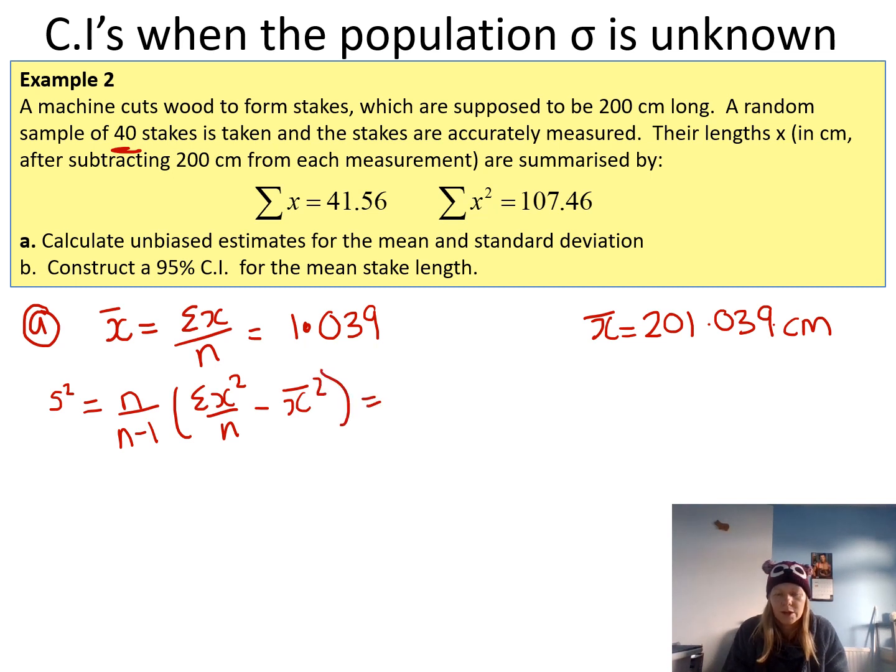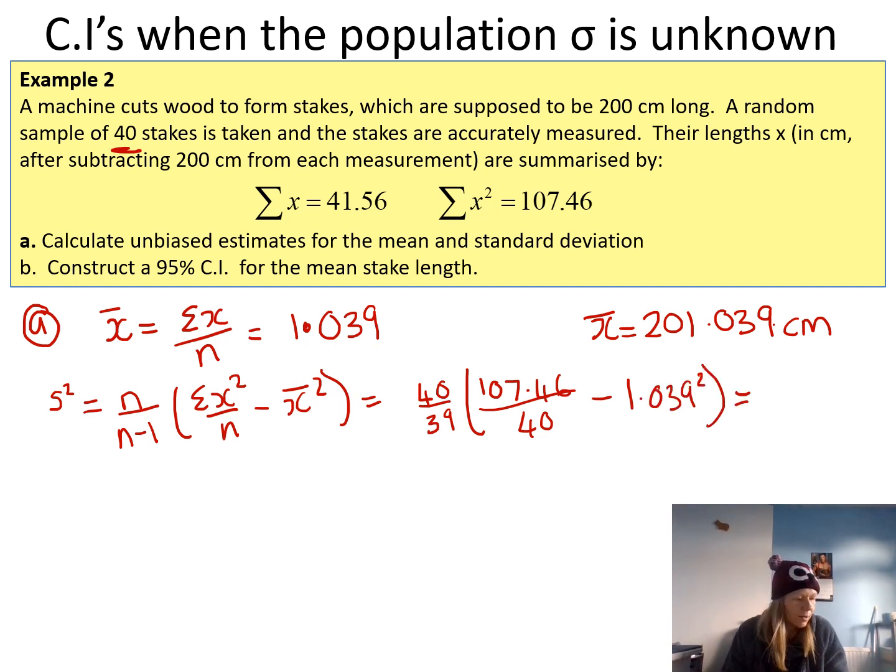You do all that, you'd have 40 over 39, 107.46 over 40 minus, because we're using the coded data here, 1.039 squared.